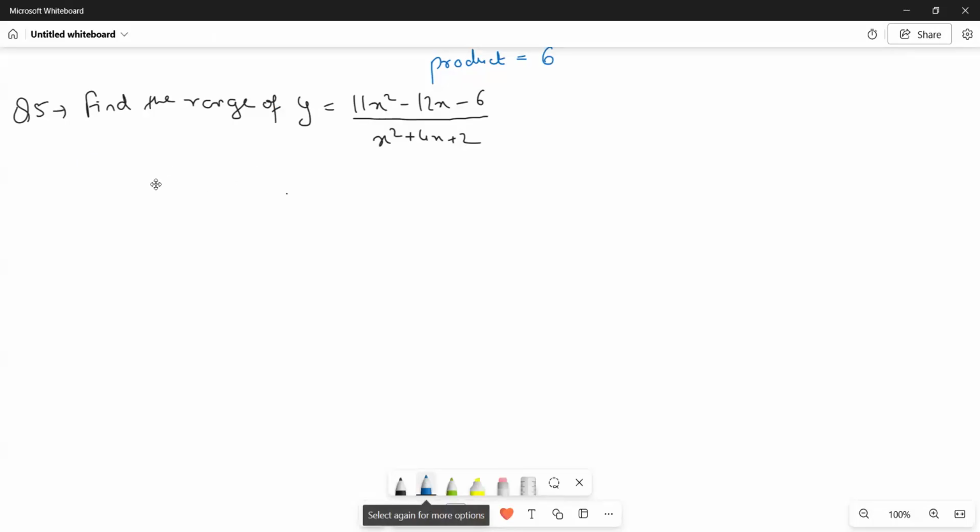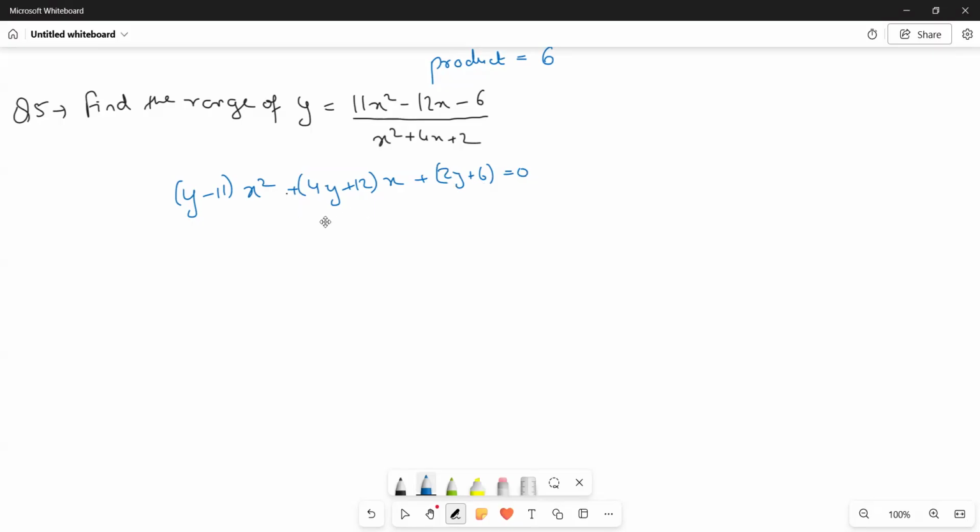Mechanism of solving it, we rewrite the whole thing as a quadratic in x. So we'll have (y minus 11) x square plus (4y plus 12) x plus (2y plus 6) is equal to 0.